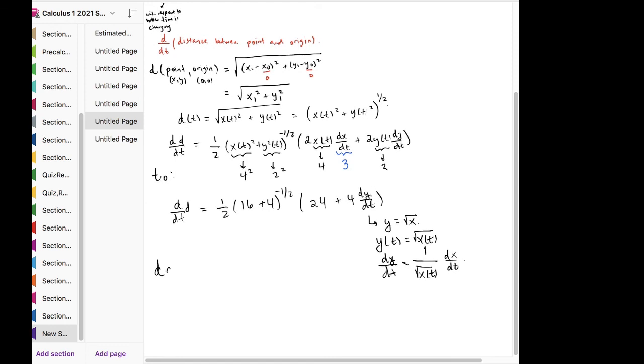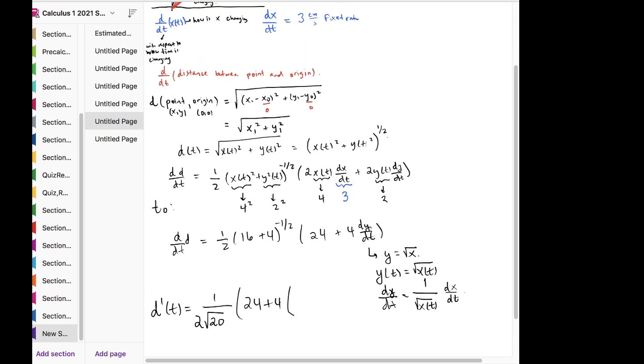So we have d dt, or this notation probably looks ugly. Let's use d prime. D prime of t. So 1 over 2 radical 20. That's this one here. And then 2x 4 plus 2y 2. And then what happens when you plug in the point that we want?